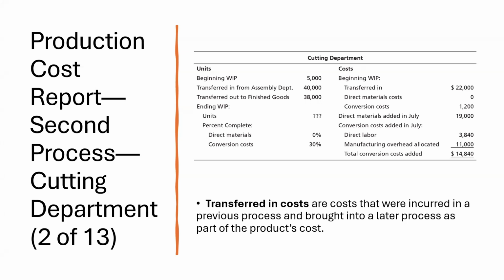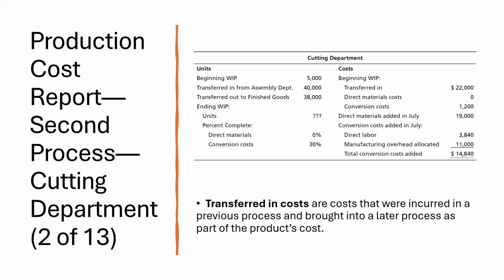Keep in mind that direct materials in the cutting department refers to the boxes added in that department and not to the materials, which are the cardboard, the pictures, and the glue that are added in the assembly department. Okay? So the cutting department only refers to the boxes.